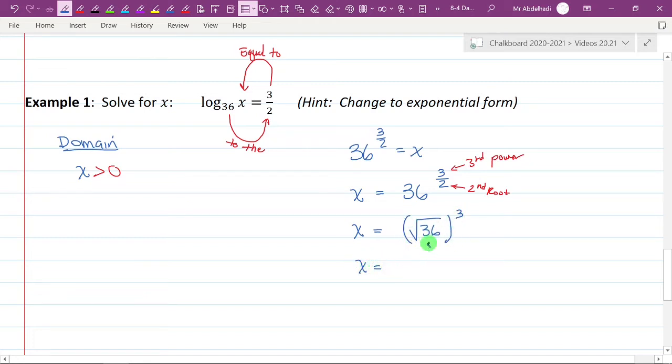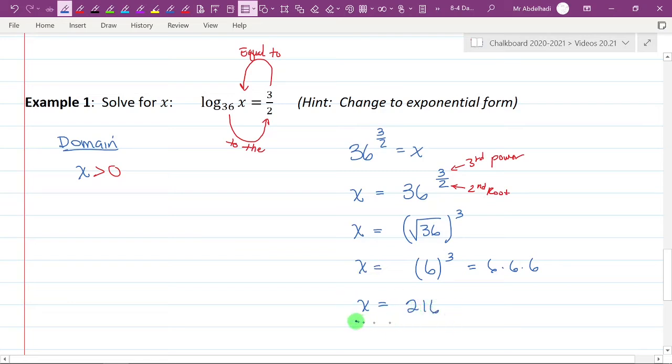Well, the square root of 36 is 6. And we're going to take that to the third power, okay? 6 times 6 times 6 is what you're getting here. And 6 times 6 times 6 is 216.